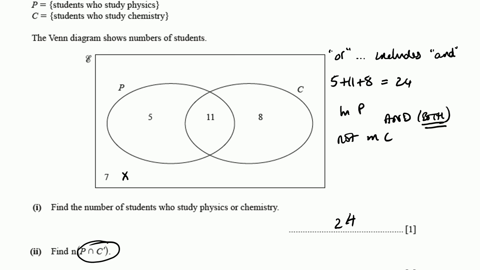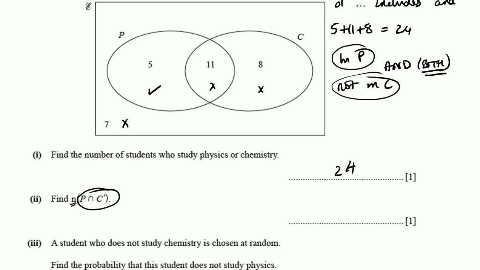I have to satisfy both, so it wouldn't get looked at. This region over here is in P and it's not in C, so I'm happy with that region. Both of these regions would fail because they are in C, and I have to satisfy both of these two conditions. So the number of students, remember n looks for the number of elements, the number of students who satisfy that condition is 5.